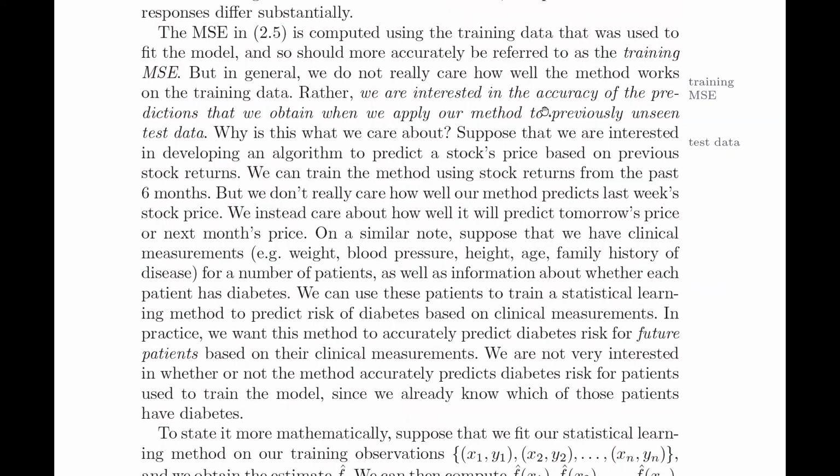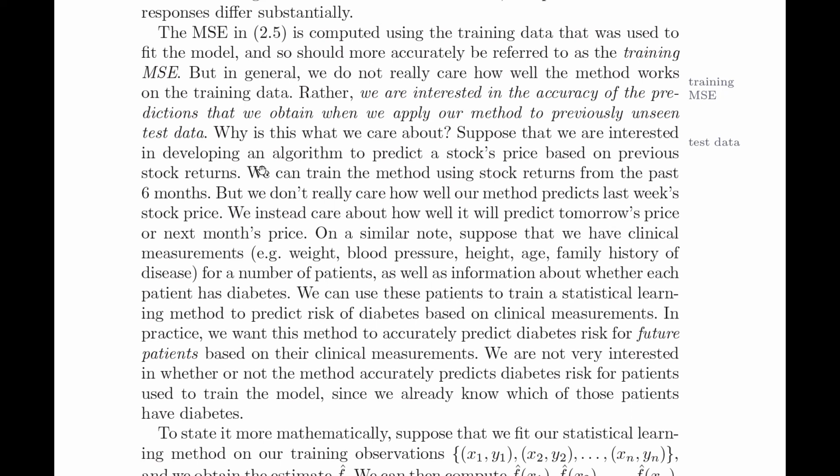Now, we're not really interested, are we, in the mean squared error on the training data, because it depends on the training data. Instead, we're interested in the accuracy of the predictions that we obtain when we apply our method to previously unseen data. This is the true test of any model. Why is this what we care about?